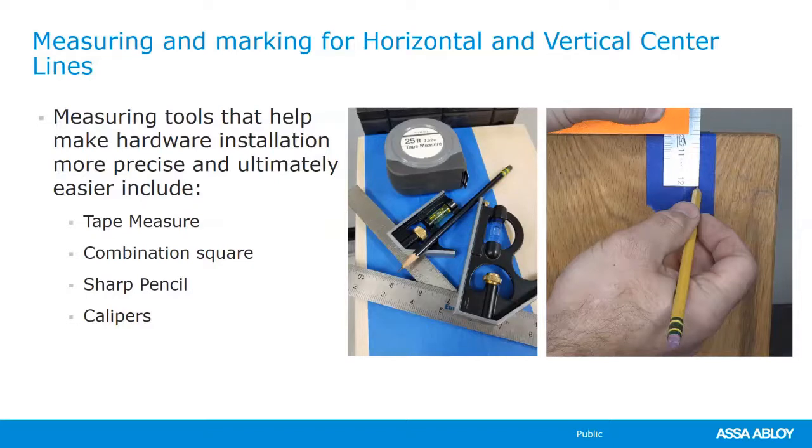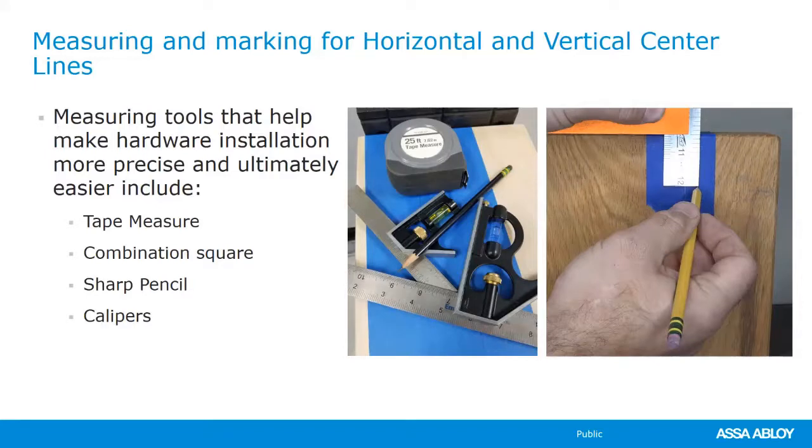So let's say that we're installing a surface vertical rod exit device, and that surface vertical rod, the top rod, has through bolts. In this hypothetical installation, it has through bolts, and we want to make sure that that top rod latch assembly lines up perfectly with the chassis head of that exit device.